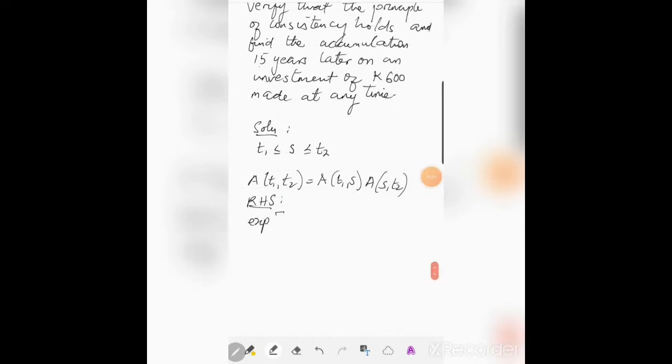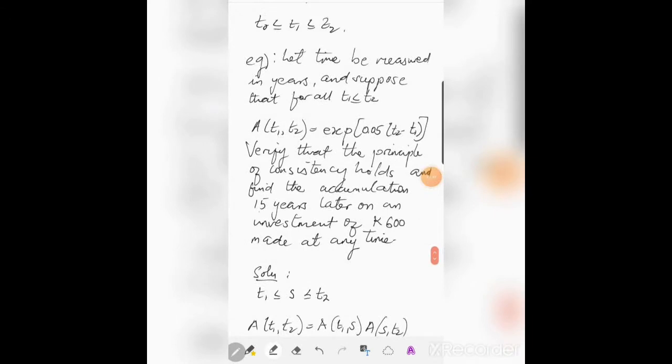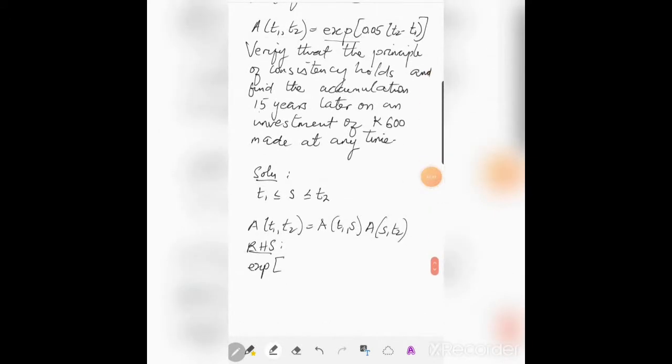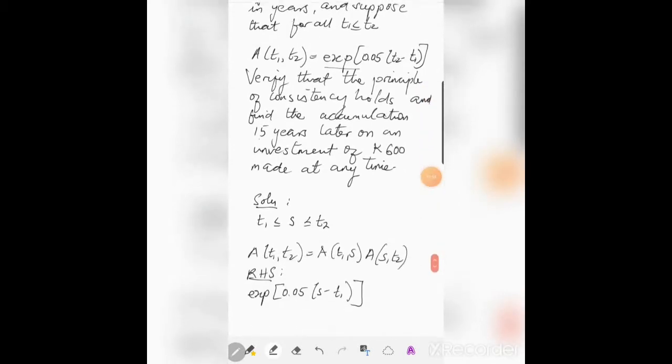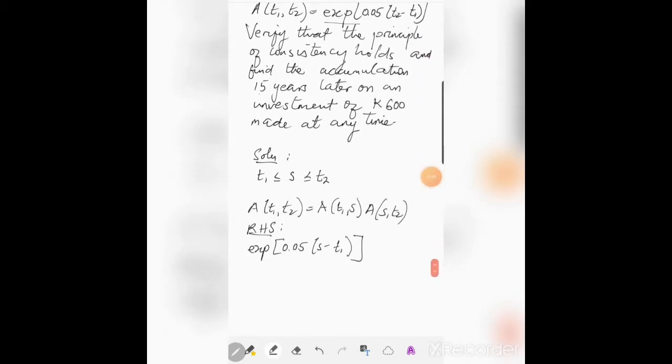From the question, we have 0.05 times (s minus t1). Why are we writing s minus t1?